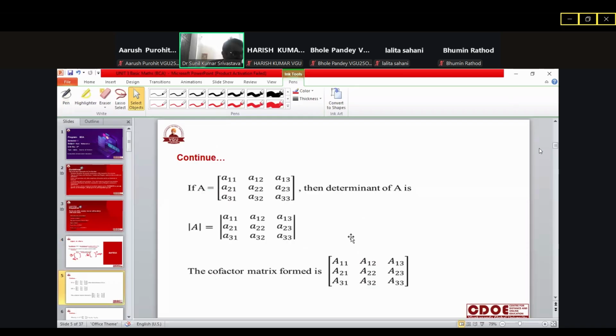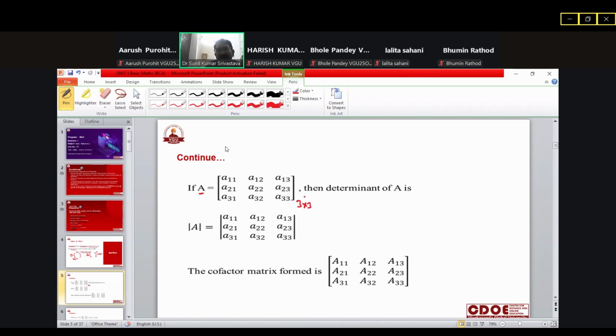For example, we have taken an example here, in general form: we have a matrix A. We write here a 3 by 3 matrix, because we have 3 rows and 3 columns.